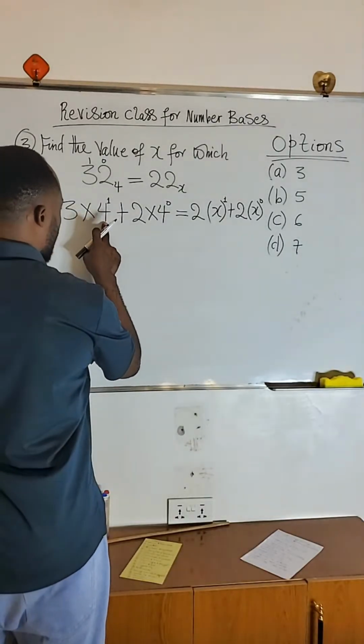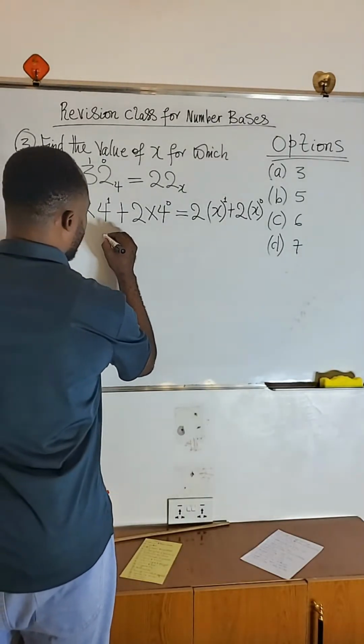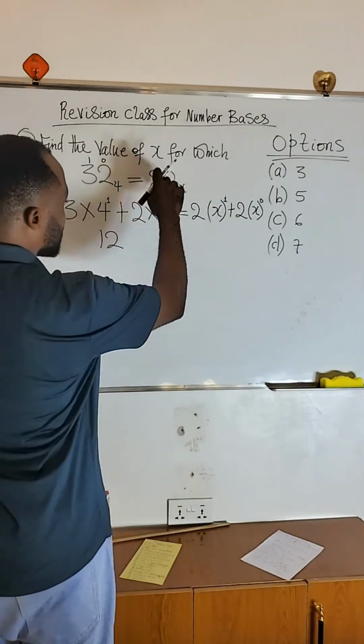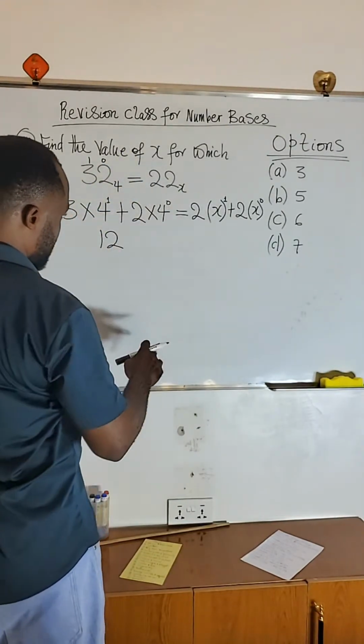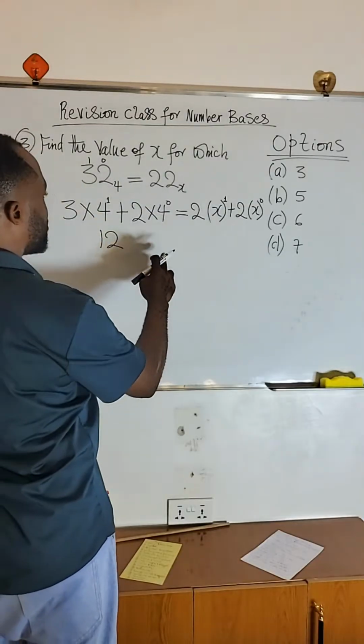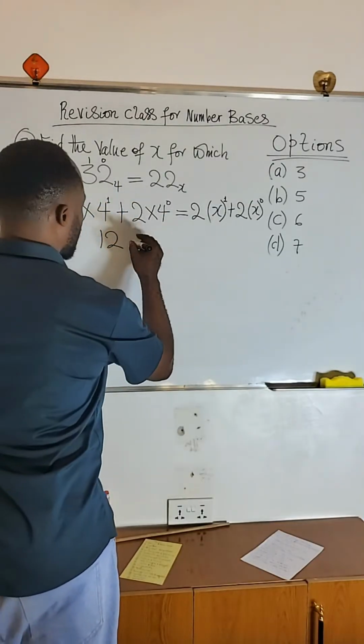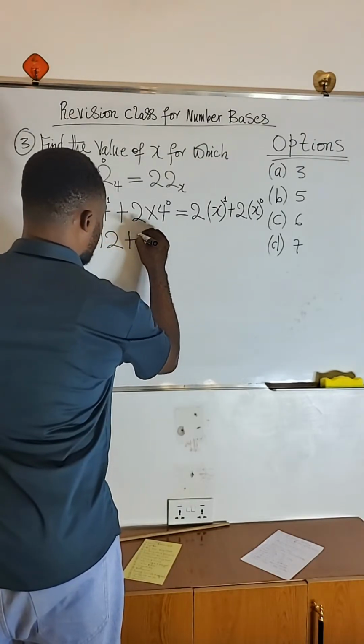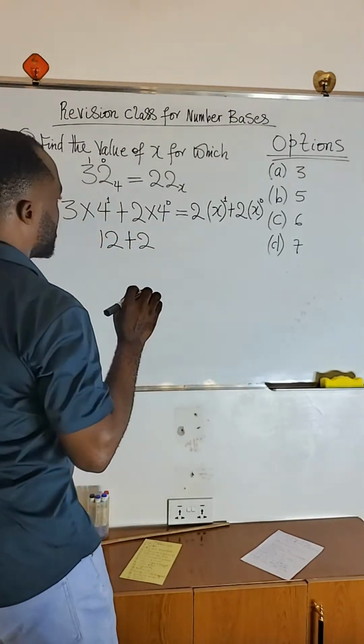3 times 4 is 12. 4 raised to the power of 0 is 1. And so 1 times 2 is 2. So that will be plus 2. Okay.